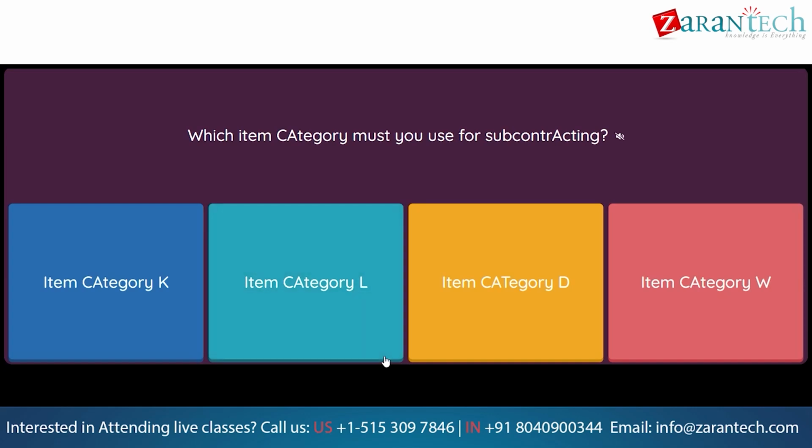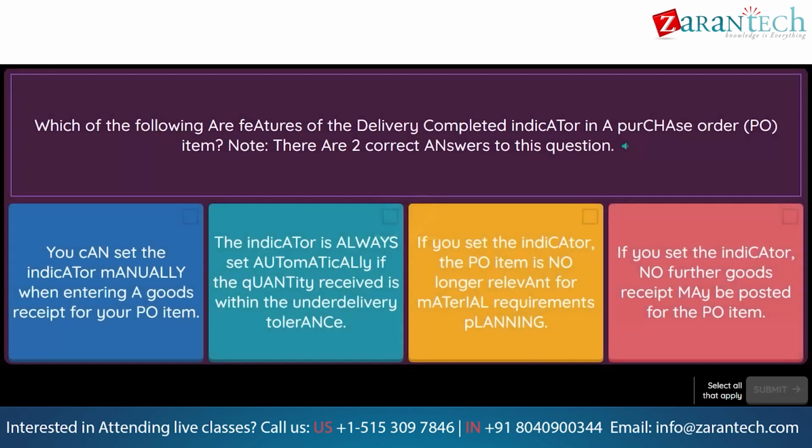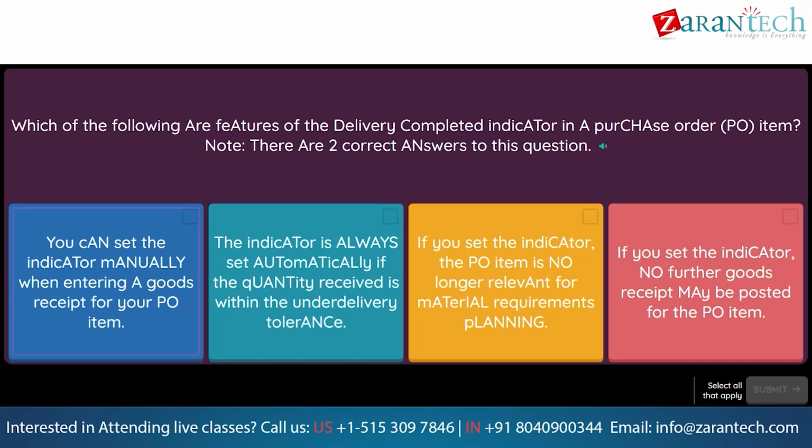Question: which of the following are features of the delivery completed indicator in a purchase order, PO, item? Note, there are 2 correct answers to this question. Option 1: you can set the indicator manually when entering a goods receipt for your PO item.